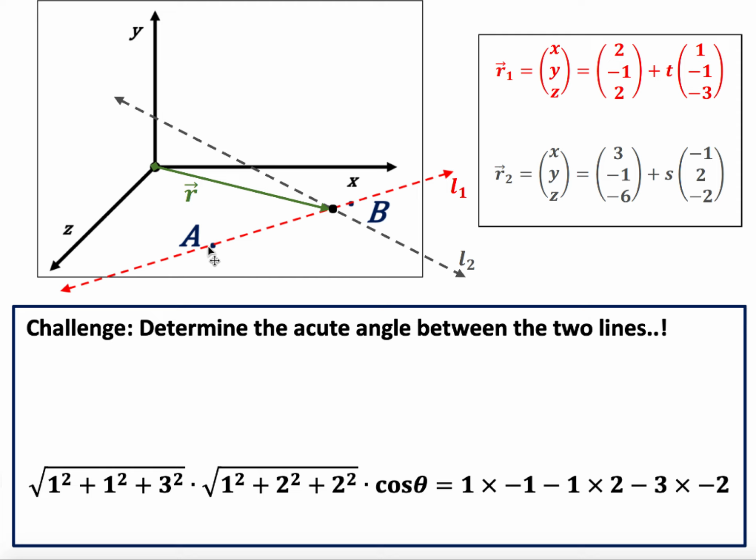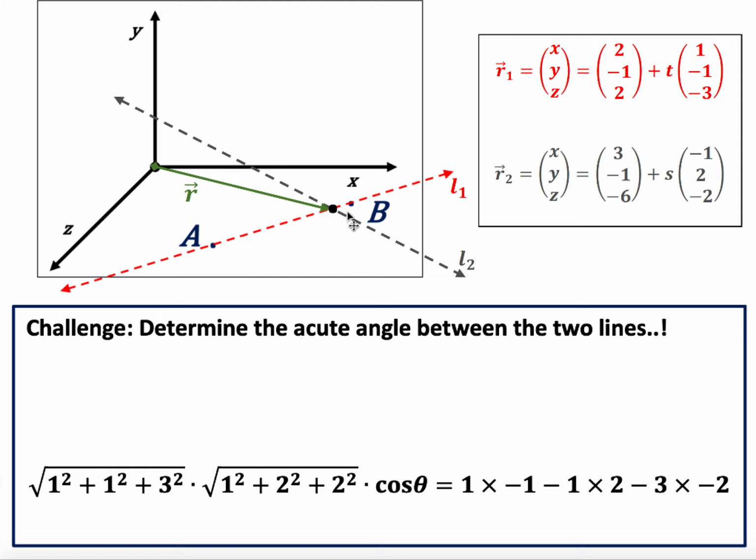Well, now what we're saying is the way these lines are defined, that there's some direction vector that's either embedded in the red line or parallel to it. That's right here. And then there's some other direction vector that's parallel to the other line. That's right here.